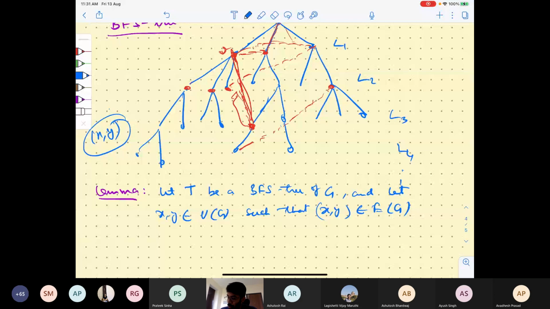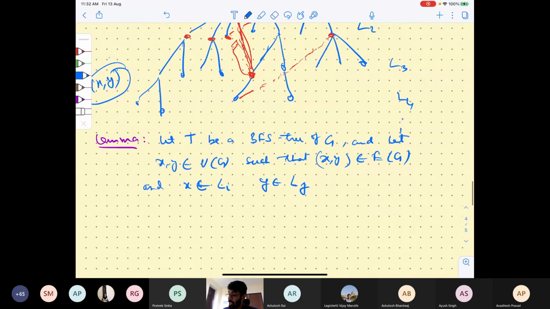I might forget making curly braces sometimes, so it's fine. Instead of a set, I might use a tuple. So let xy belong to E(G), and x is in Li and y is in Lj. Then what can we say about i and j? The absolute difference is not greater than 1.